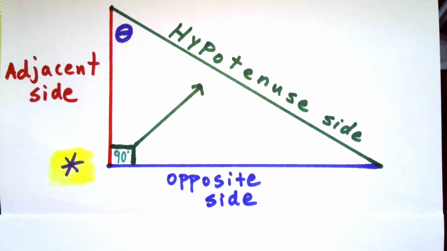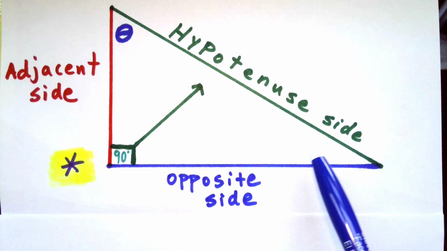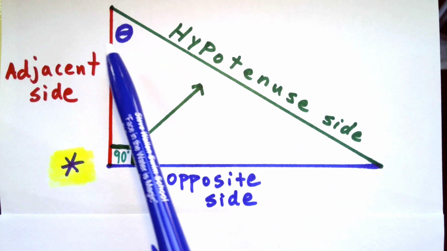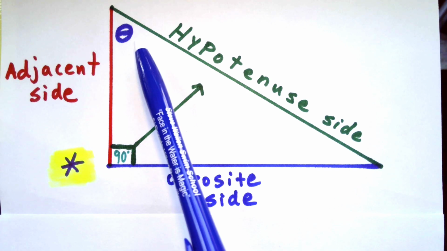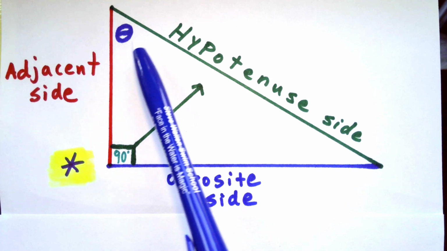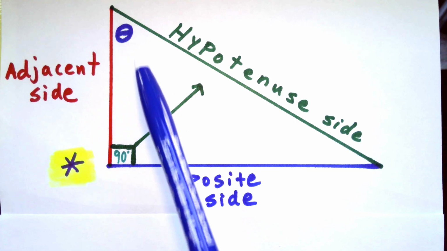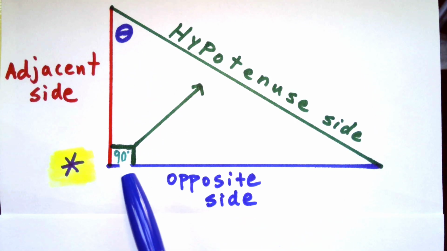All right, so as you can see here, I have moved the theta from the previous diagram over to the other angle, right? So my angle of focus, or the theta, is now up here in this top portion of the right triangle. Again, right triangle, 90 degrees.